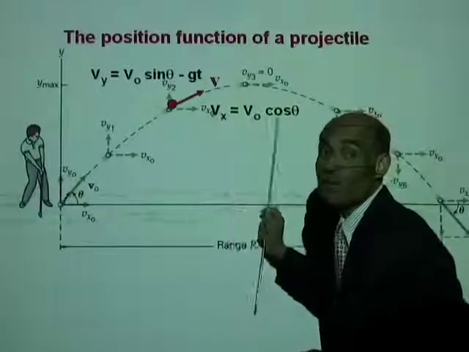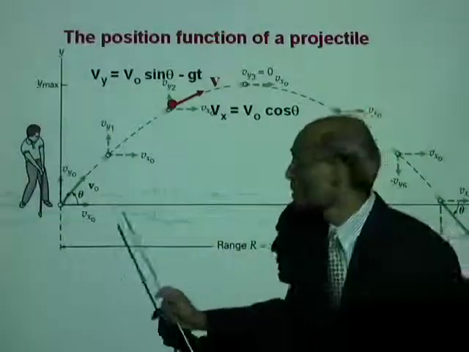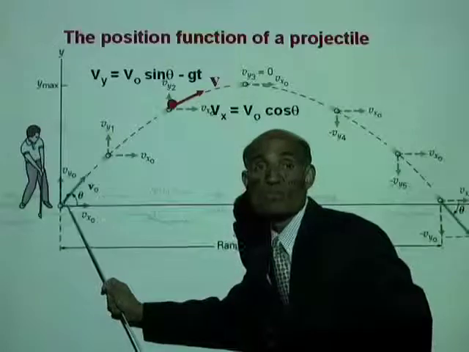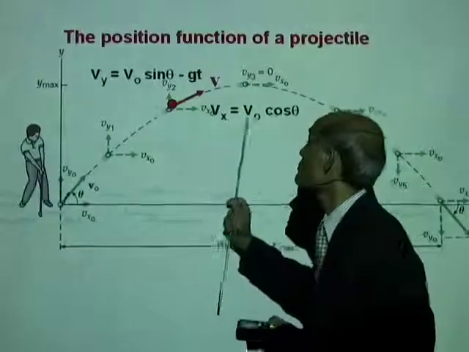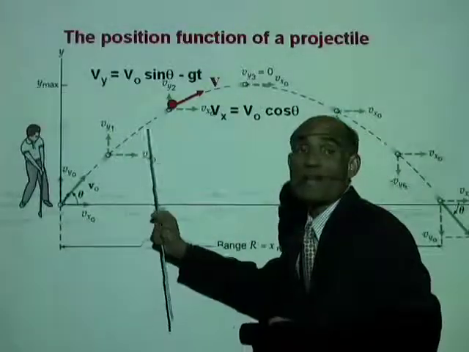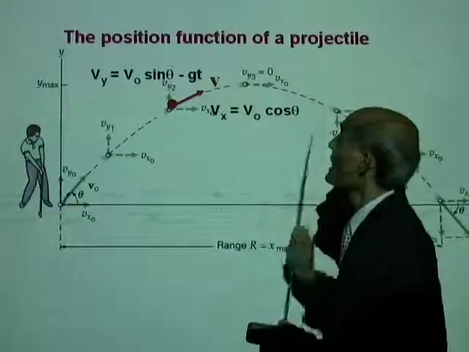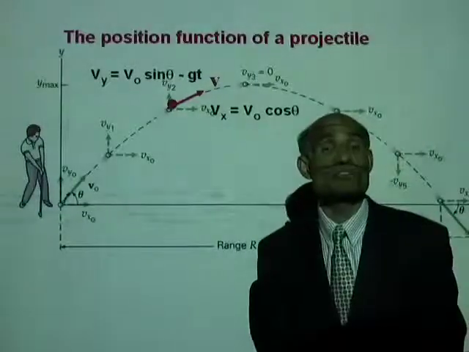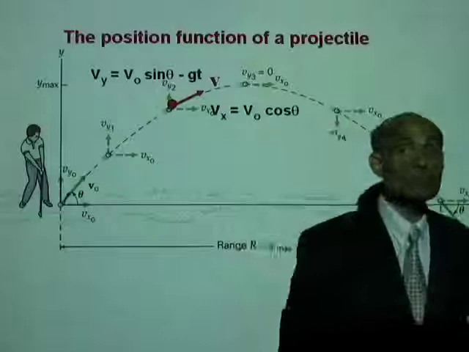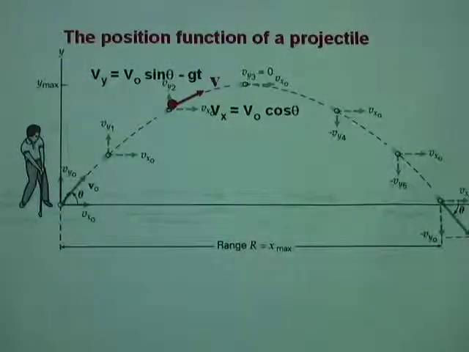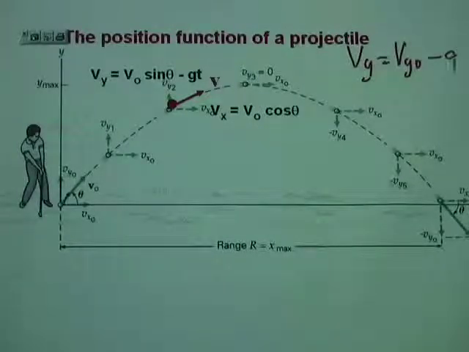You see, the x velocity will not change. The x velocity when you hit it is V0 cos theta, and at any other time the x velocity will not change. But the y velocity will change. Look at the equation for the y velocity. We have Vy equal to Vy0 minus gt. Is that right?